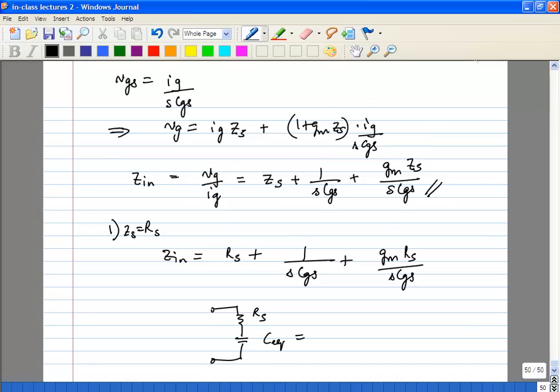You have some C equivalent, which is Cgs over 1 plus gm Rs. Let's assume gm Rs is greater than 1. So this is approximately 1 over omega t times Rs.